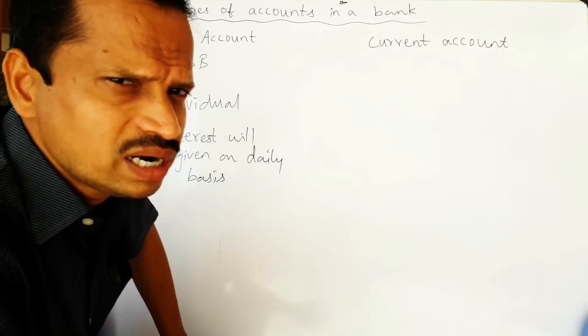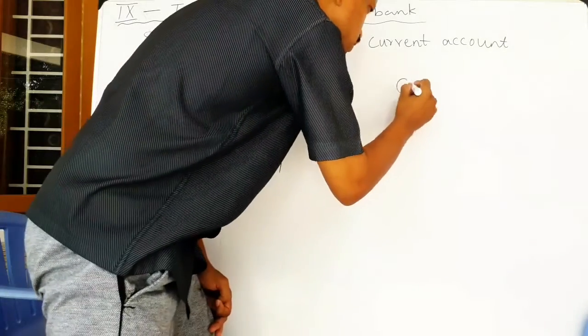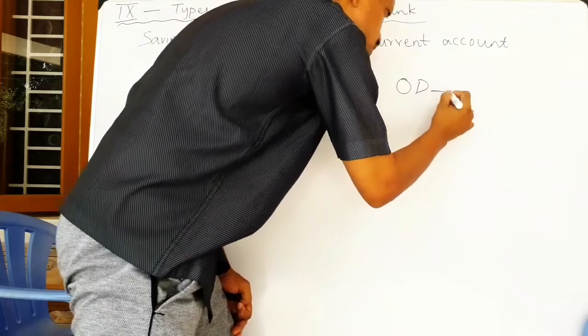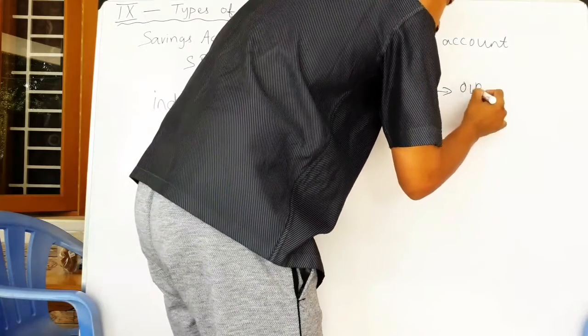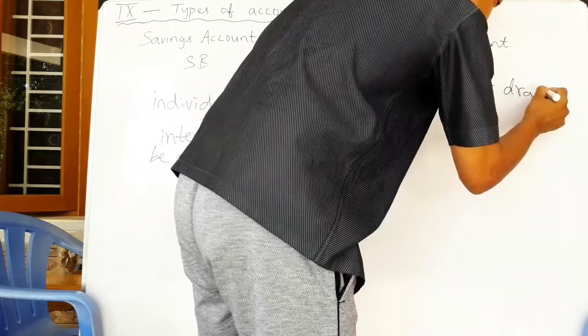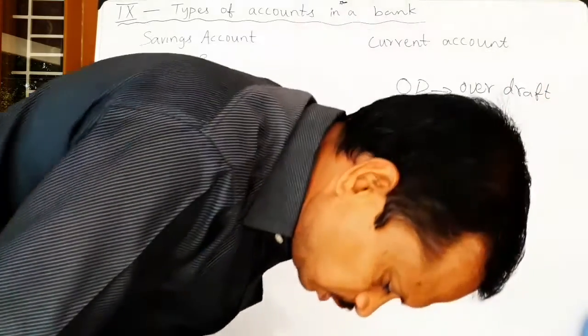And if overdraft is there, OD, which means overdraft. What is meant by overdraft?